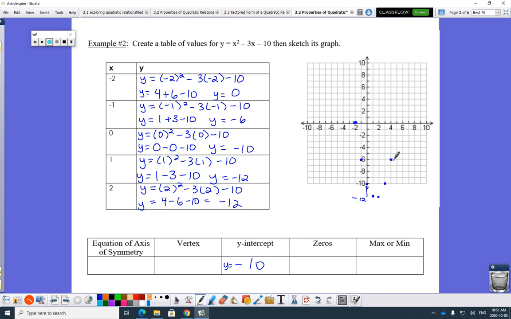And then if you do 5, then you can see what the zeros are.